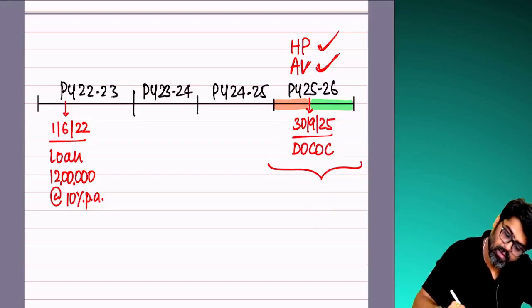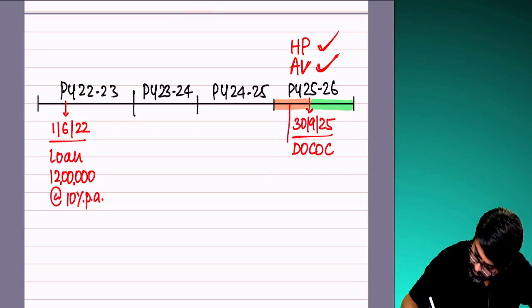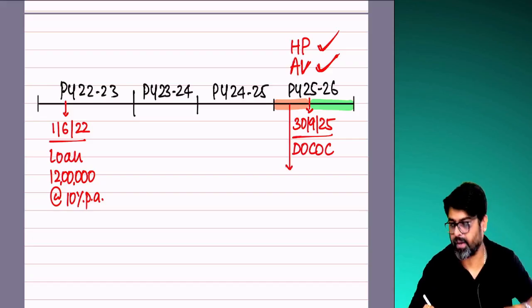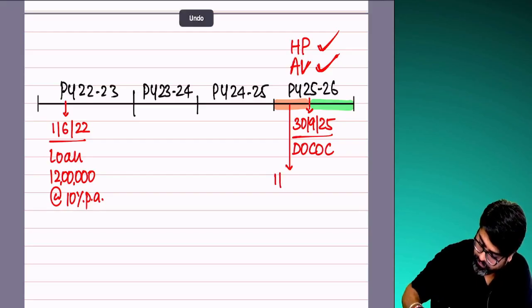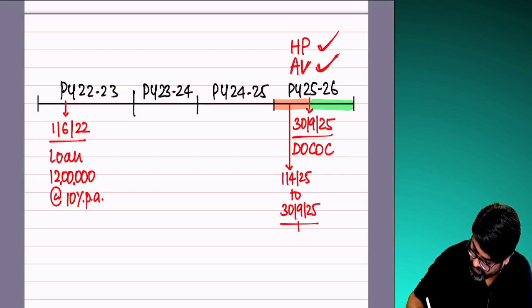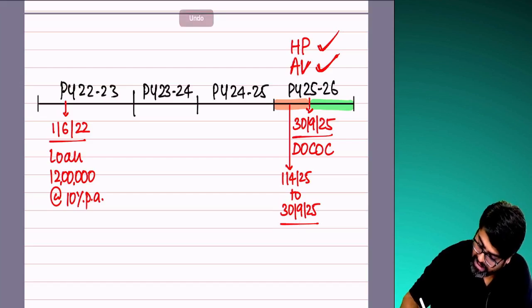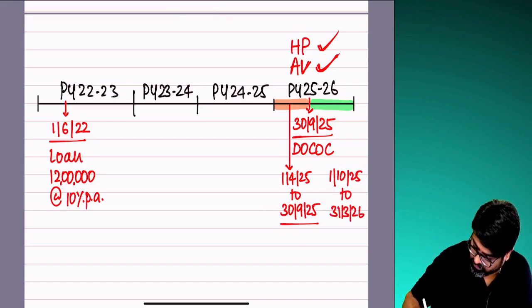So tell me, what about this interest? Interest for this period I am talking about specifically: interest from 1st April 2025 to 30th September 2025, and the next one, 1st October 2025 to 31st March 2026.